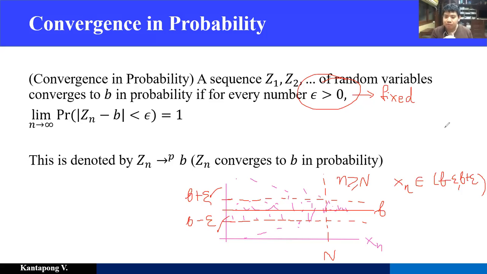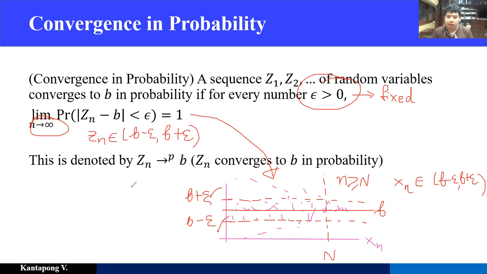That means there is an N such that if n is greater than or equal to big N, the probability that it is less than epsilon is equal to 1. That means for infinite n, Cn will be in b minus epsilon and b plus epsilon surely, because the probability is 1.